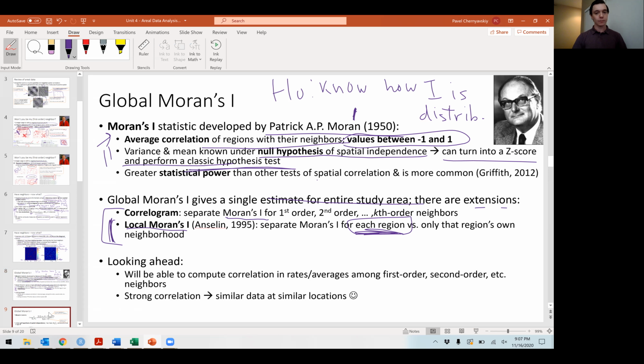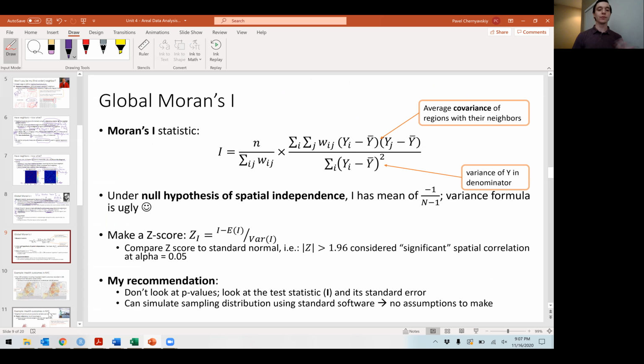Let me very briefly go through the formula. It prominently features a covariance in the numerator. Covariance is, of course, an unscaled correlation. Here we divide by the variance. Think about the variance as being divided by n, right? If we put 1 over n in the denominator, it flips. That's what the n is doing right there.